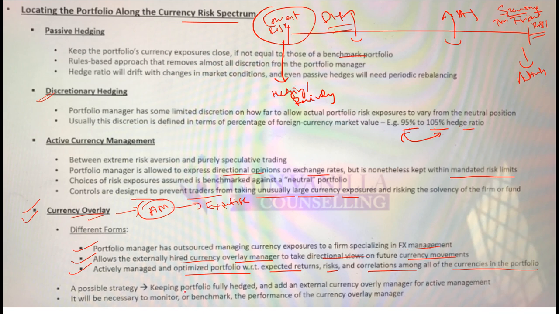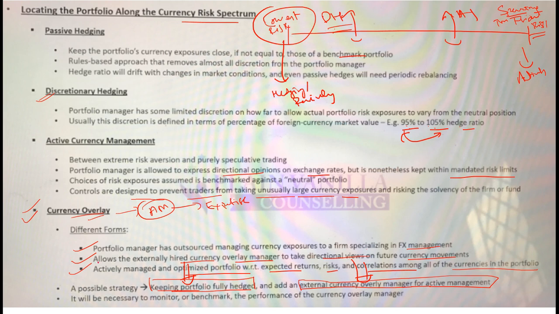A possible strategy is keeping the portfolio fully hedged. That is, you are managing a portion at fully hedged, and for active management of the other portion, you are hiring an active currency manager.